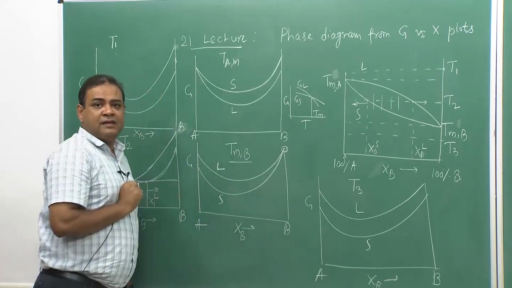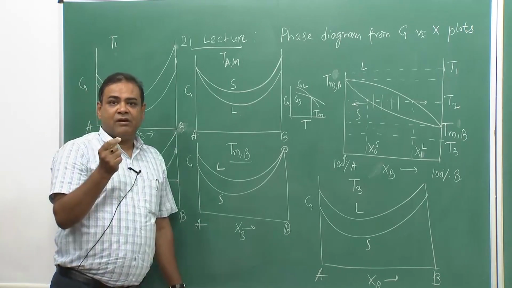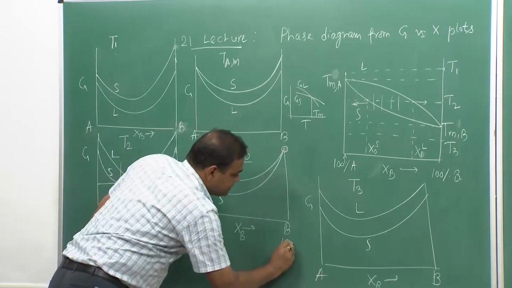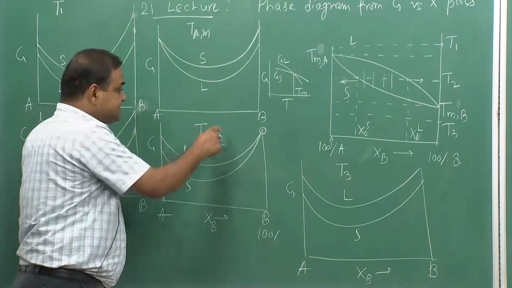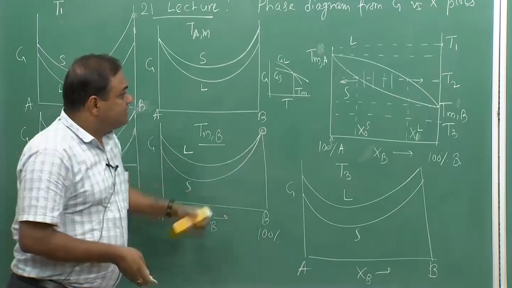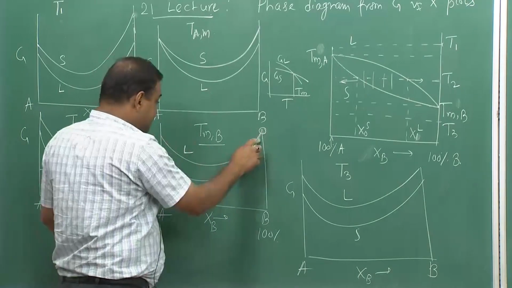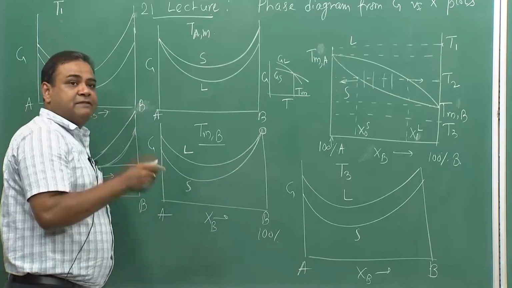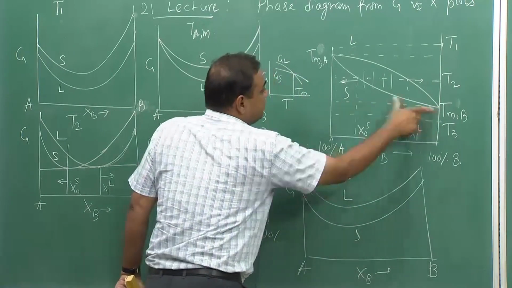Here the B solid would appear; at 100% B composition, at this temperature, B would start coming. Here both the liquid and solid free energy lines are matching, and everywhere else the solid free energy is below the liquid free energy, so everything would be solid. This is my melting point of B, and the rest all is solid.